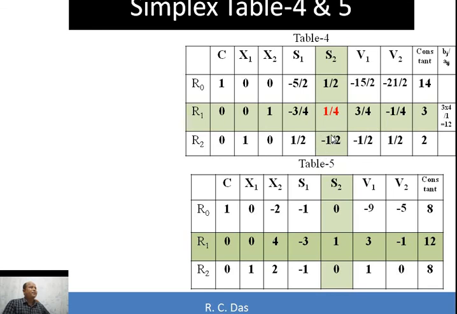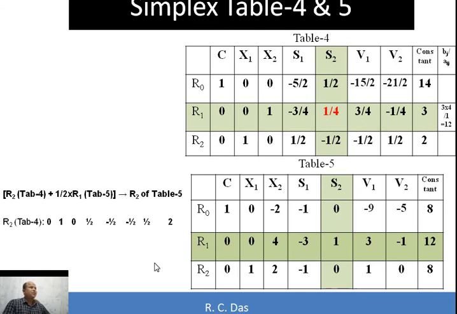Next, let us take row 2 of table number 4, where we have minus 1 by 2 element in the pivot column. So we have to make it 0. To make it 0, the relation is this: row 2 of table number 4 plus half of row 1 of table number 5 will give row 2 of table number 5.